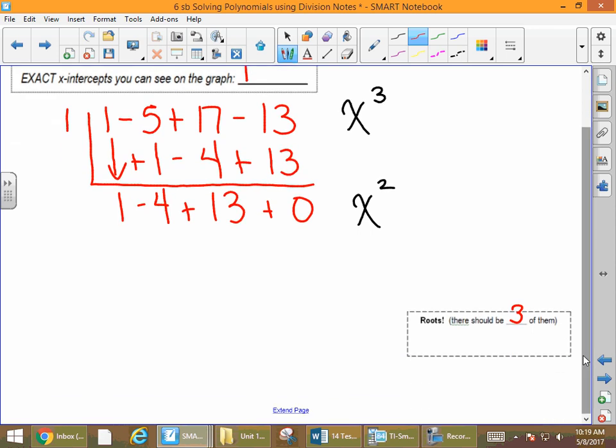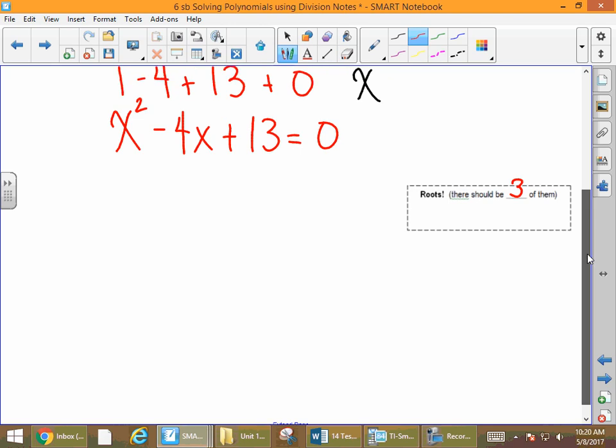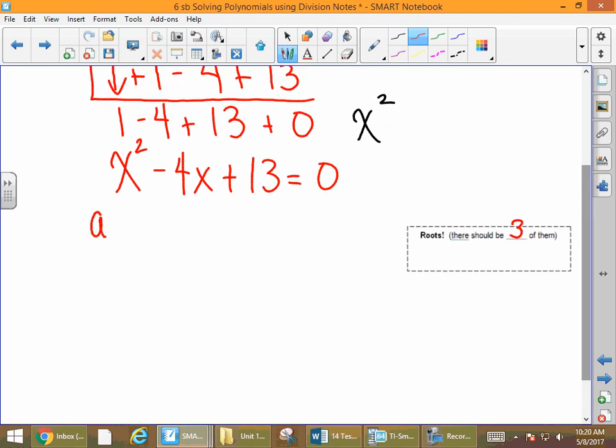So let's put our variables back in. And we get x squared minus 4x plus 13 equals 0. Again, we'll be using the quadratic formula. A is 1, B is 4, and C is 13.